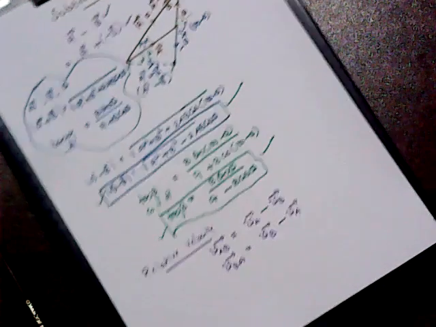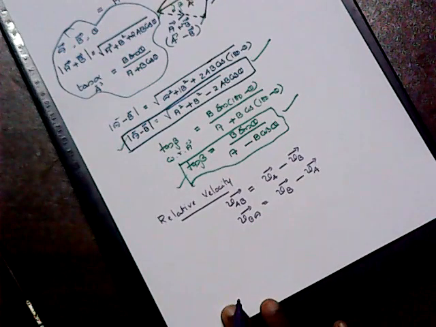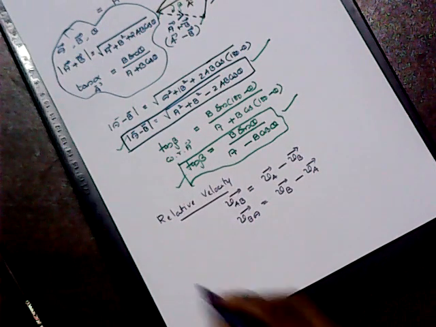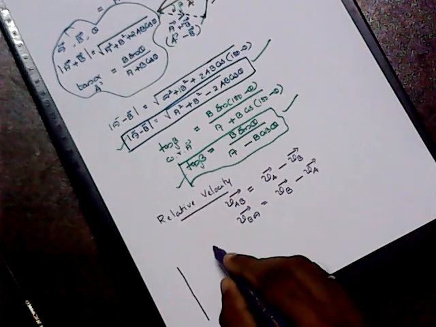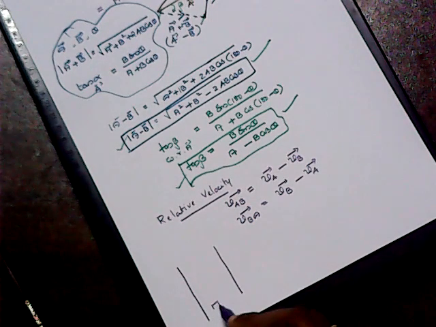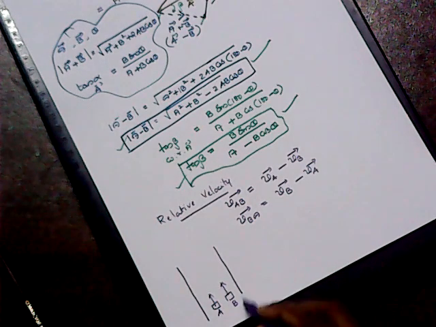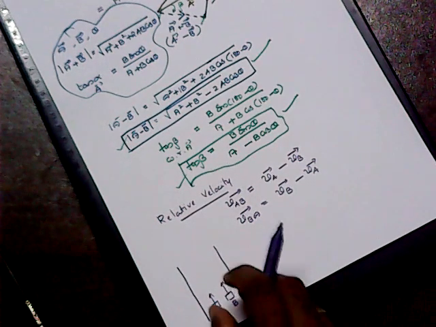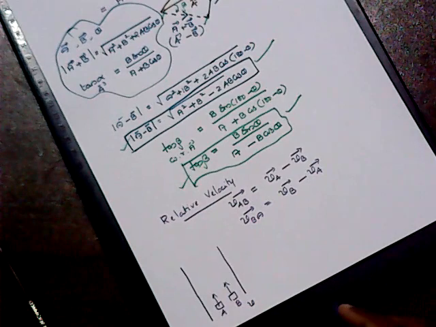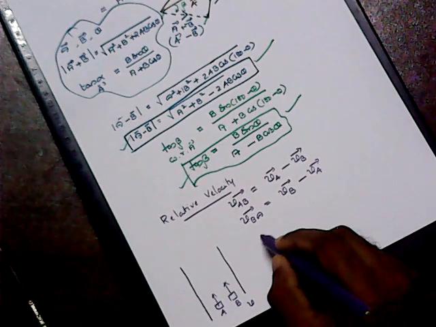If the two vehicles are moving in the same direction, say vehicle A and vehicle B, moving with the same speed V in one direction, then what is the relative velocity of A with respect to B?